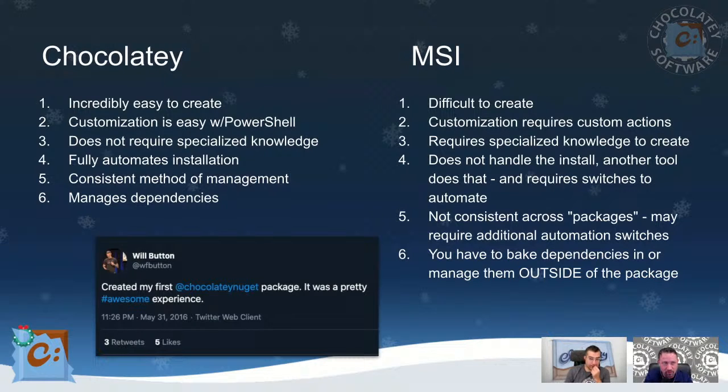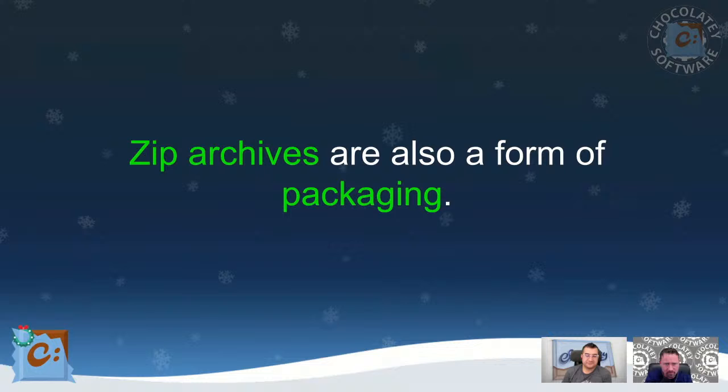And so you're not bloating up all of these installers with having to bake in that install for the .NET framework and making those checks. What you just say is, I depend on this, and Chocolatey knows how to go and bring that to the system, ensure that it's there if it's not, right? Whereas with MSI, you have to manage that yourself. And so there's a lot of thought process that goes into that as well. That's not always fun.